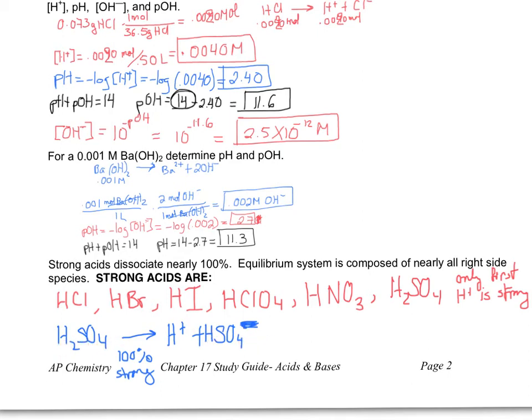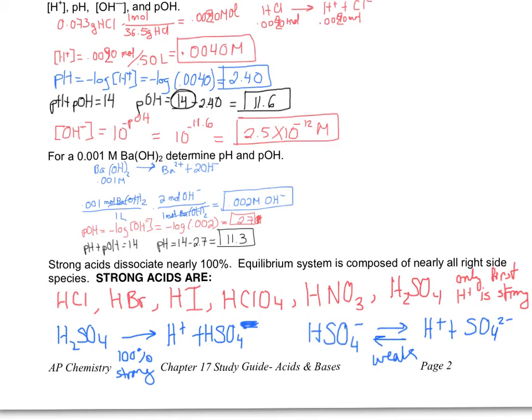Then, the HSO4 minus can then dissociate to give off another H+ and SO4 2 minus, but then this proton is not strong, and so you can't really write it that way. What you have to do is do a backward arrow as well. So this is weak, not 100% dissociation. Only the first proton dissociates 100%. The second one does not dissociate 100%. So this would be a weak acid.